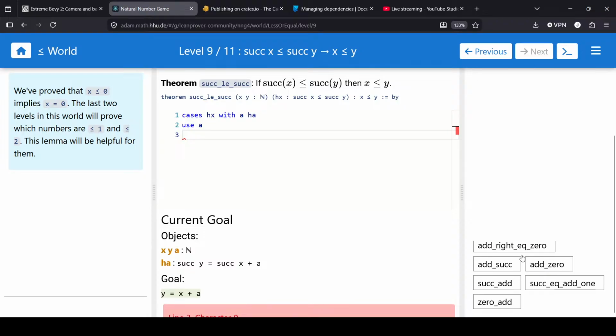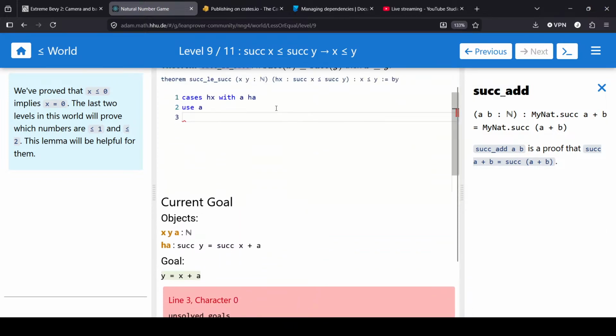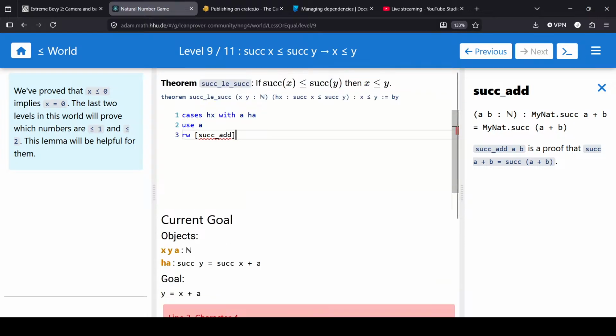Yeah, it's succ add. Okay, succ add on it, and then there we go.